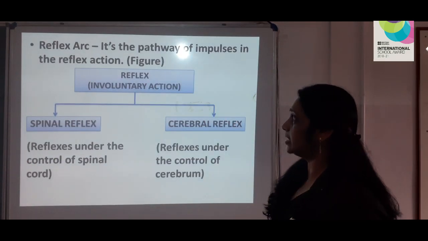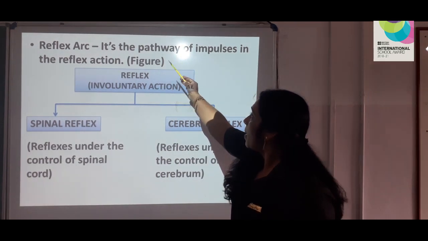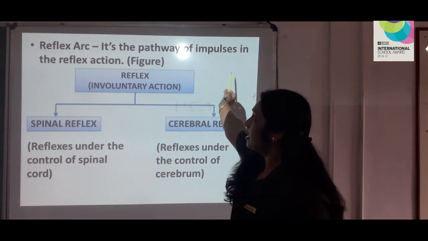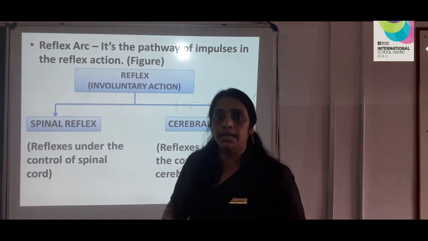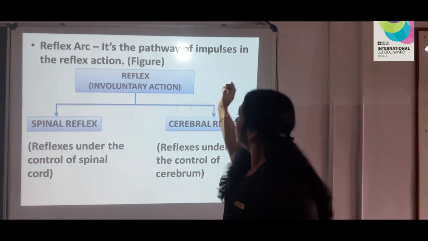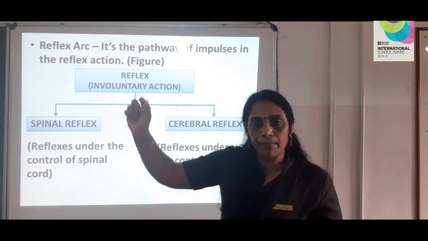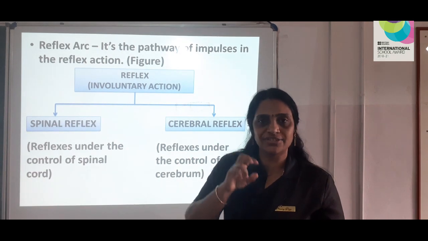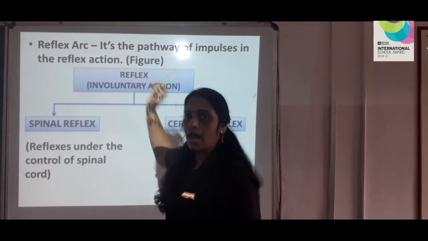The next part we can see the reflex arc. It is a pathway of impulses in the reflex action. We have seen the figure, that is, in the reflex action the impulses are traveling. So that path through which the impulses travel in the reflex action is known as reflex arc.